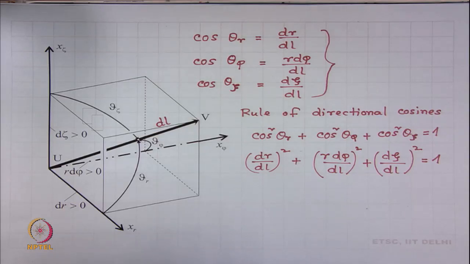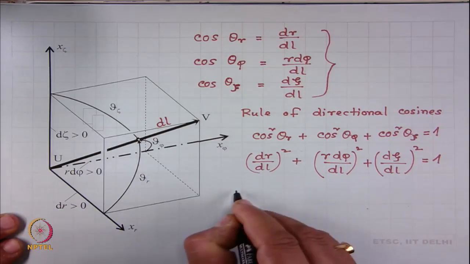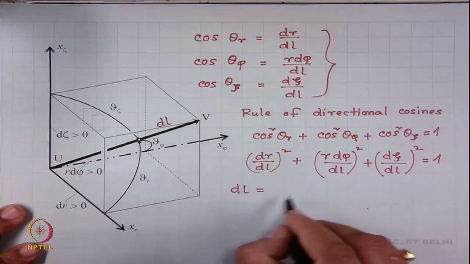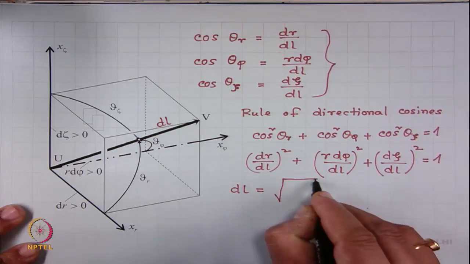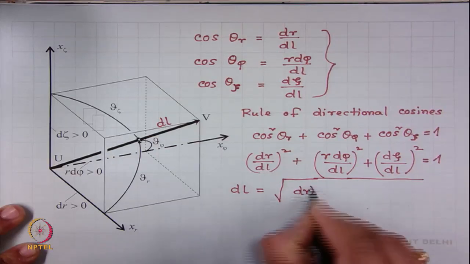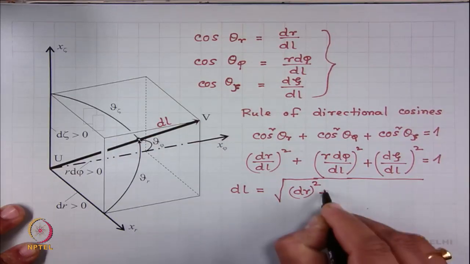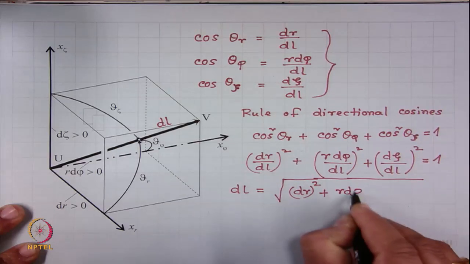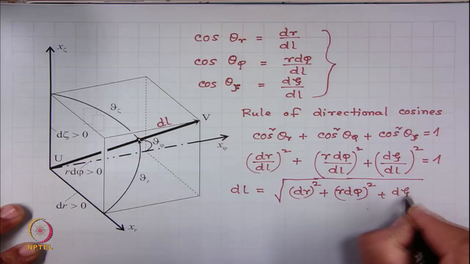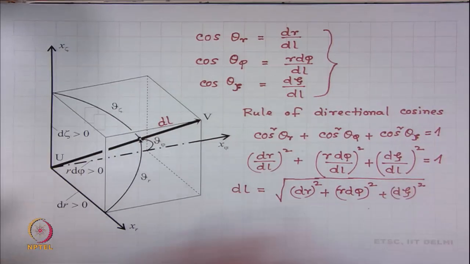So, what is the length of this fiber element, dl? dl is the square root of dr square plus (r d phi) square plus d zeta square.